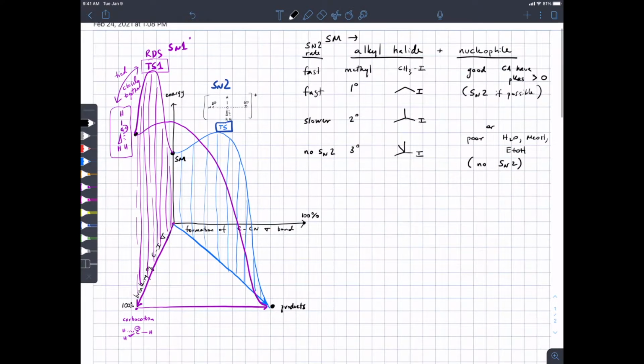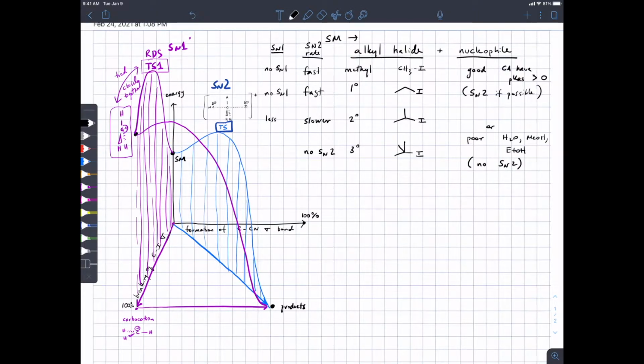And then one thing I think I mentioned briefly at the end of last time was we'll see that the SN1 rate is slow and in fact not really fast enough to even be possible for methyl and primary.